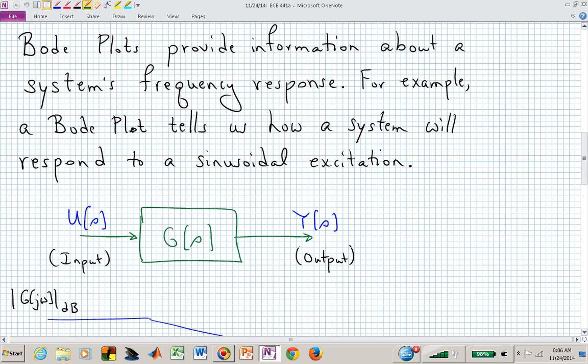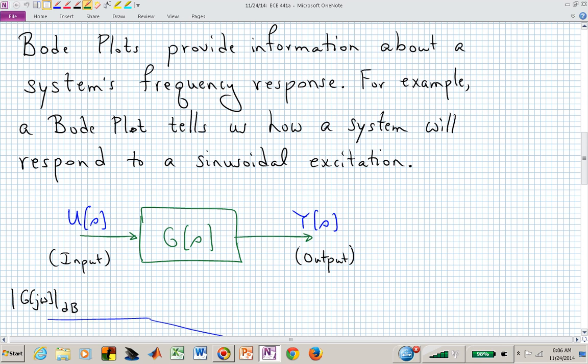If you now inject a particular sinusoidal signal at the input to this system and you have the magnitude and phase plot, or the Bode plots, you can now, knowing your sinusoidal steady state behavior from an earlier class, let's say 320A, immediately write down your sinusoidal steady state output y of t.